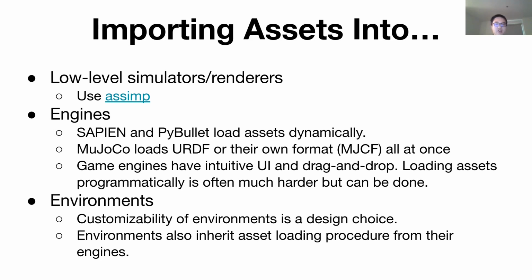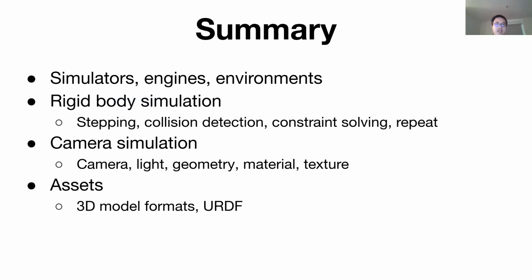And environments will typically inherit the asset loading procedure from their engines. To summarize, in this section, we have learned different types of simulation software, basics to rigid body simulation, camera simulation, and how to use 3D assets.